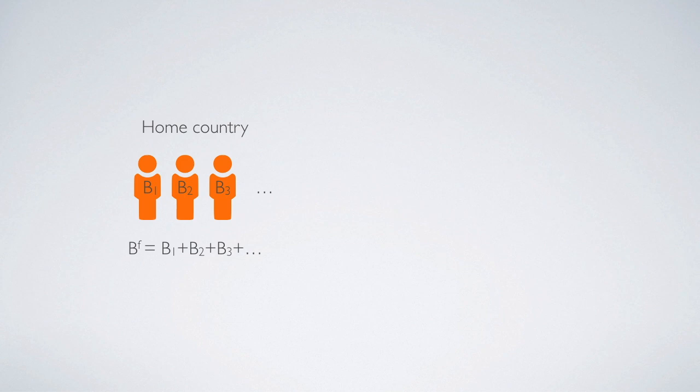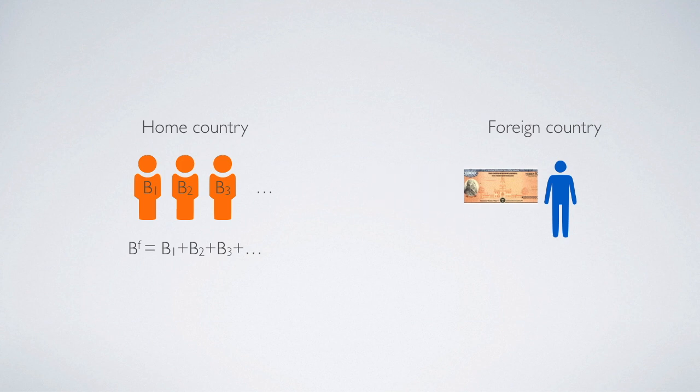For the first scenario, if the home country sells bonds to a foreign country, the total bond position BF would definitely drop. So we must know that BF would drop if the home country sells bonds to a foreign country, which means the home country owes more money to the foreign country.